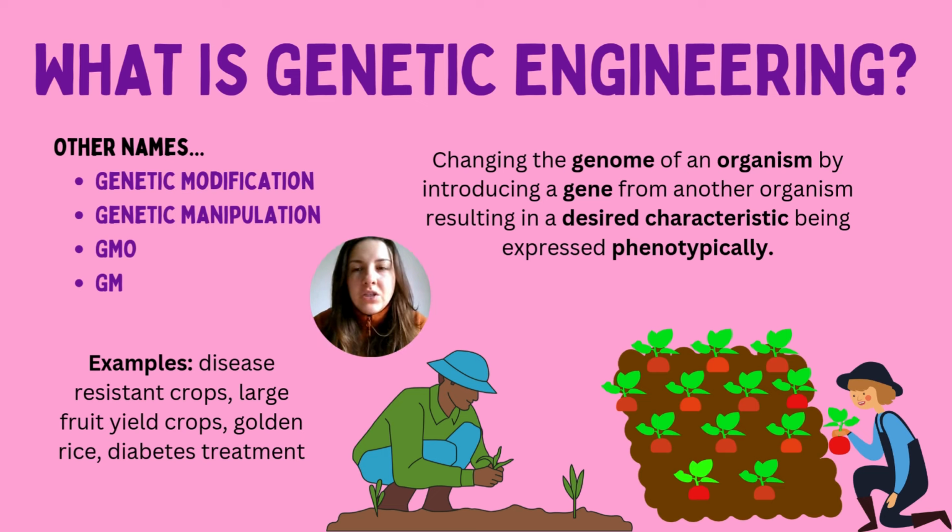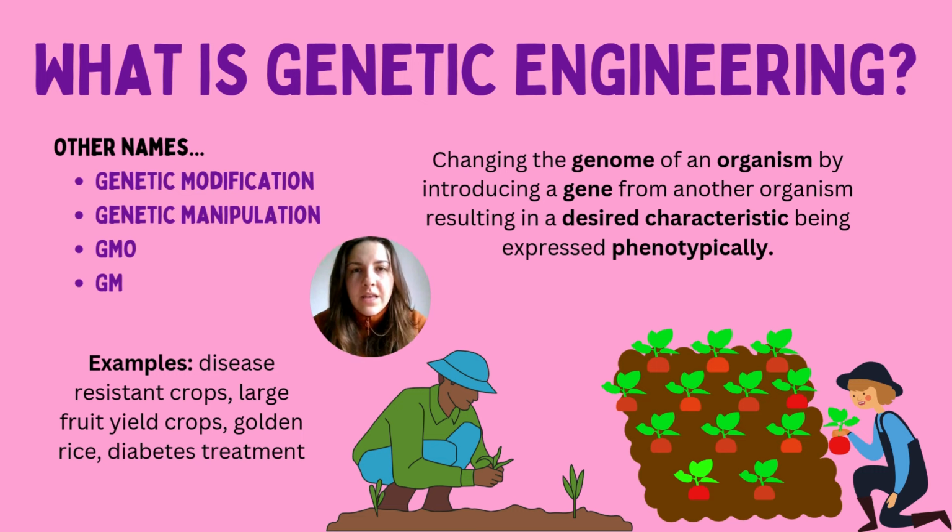And usually with genetic engineering, we're talking about plants. There are loads of examples where plants have been genetically modified or genetically engineered to have disease resistance or a really large fruit yield, or in the case of golden rice, where beta carotene was introduced into rice.